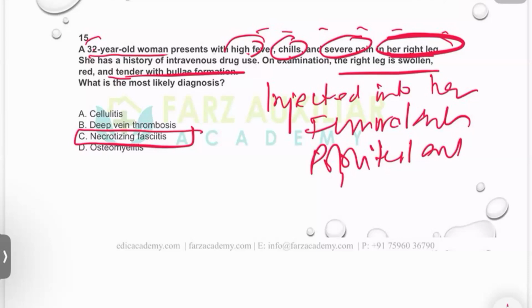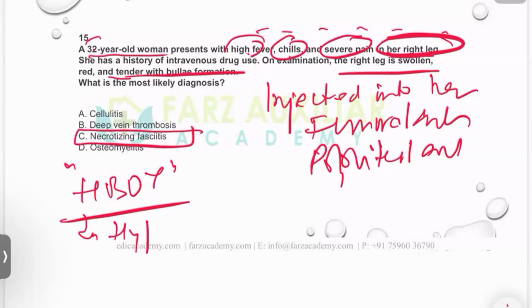In EDIC sometimes they ask about HBOT. Any idea of HBOT? Hyperbaric oxygen therapy. Yes, hyperbaric oxygen therapy is indicated in management of necrotizing fasciitis.